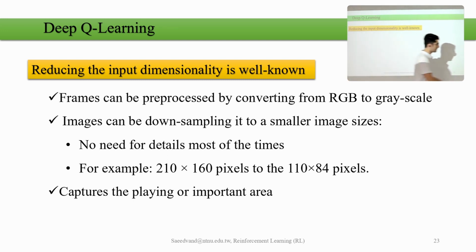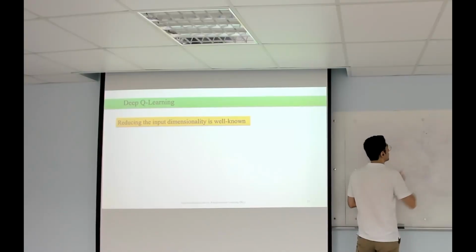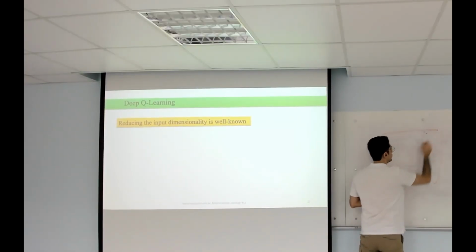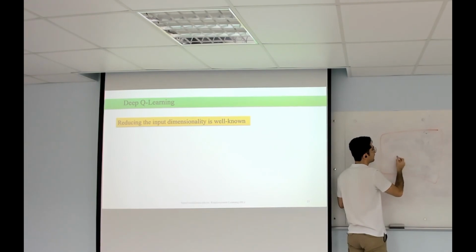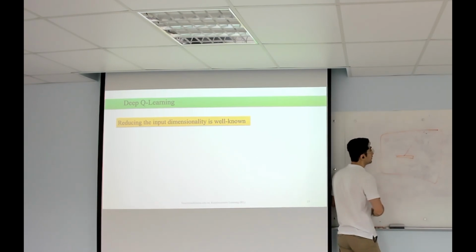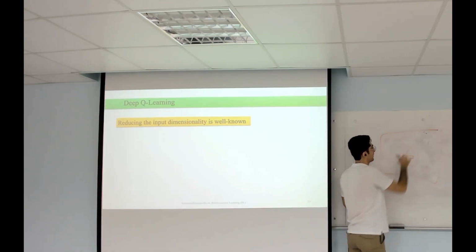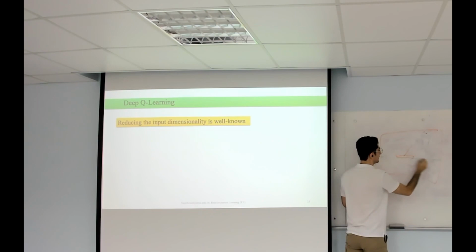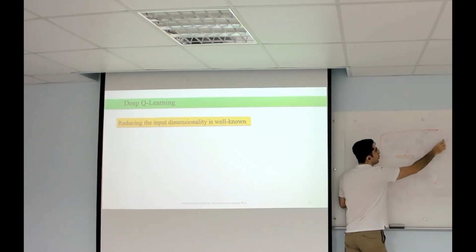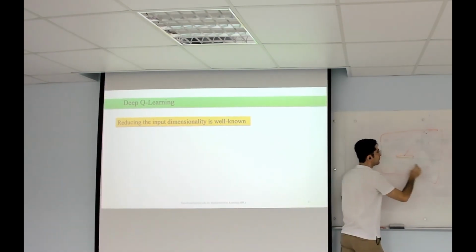Like one of the common things that I will also show you in the code if we have time. You have an environment, for example CartPole, where the agent is here, right? Then the working space is like here. Then you know that all the time the agent will be around here.